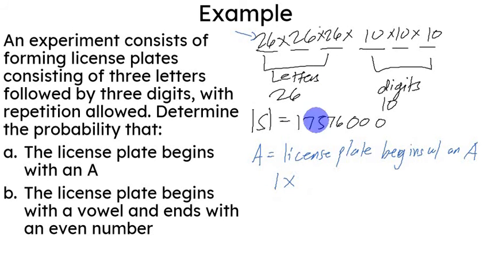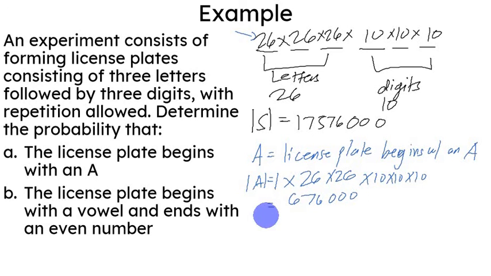For the letters, since repetition is allowed, there are still 26 possible letters in the second and 26 possible in the third. And of course, for the numbers, there are still 10 possible digits for each of these. So the cardinality of set A would be equal to the product of these via the fundamental principle of counting.